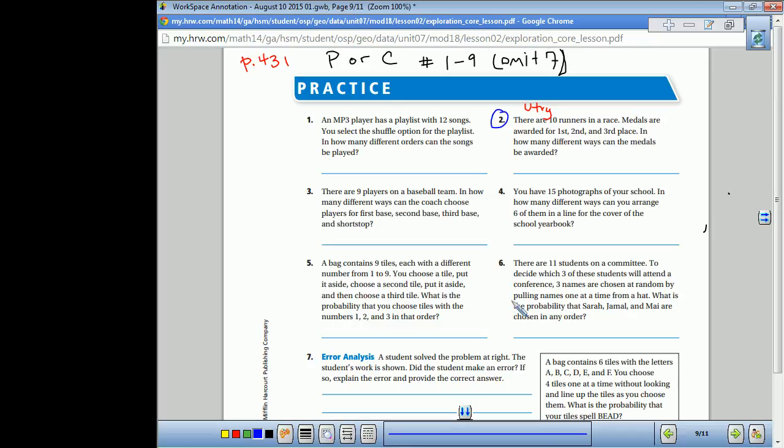Wait, where are you? 26 tiles. It's ABC.